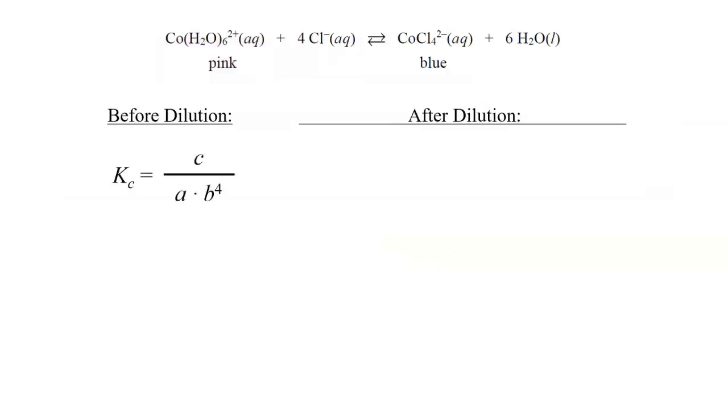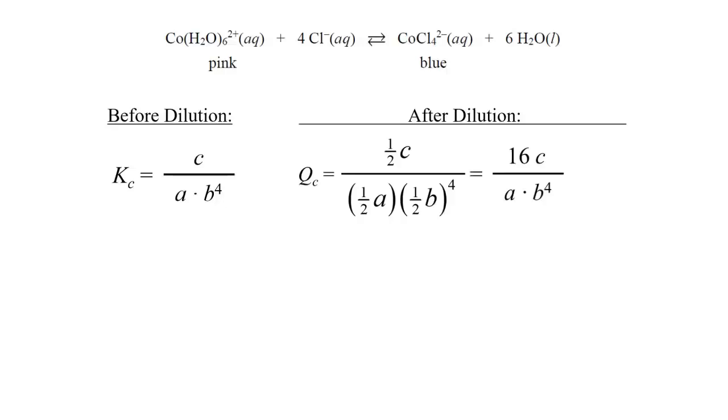Before the dilution with water, we had an equilibrium. And the equilibrium, in terms of these letters of the alphabet, these variables, is C over the product of A times B to the fourth power. But after the dilution, each of those aqueous ions had its concentration decreased to half its original value.